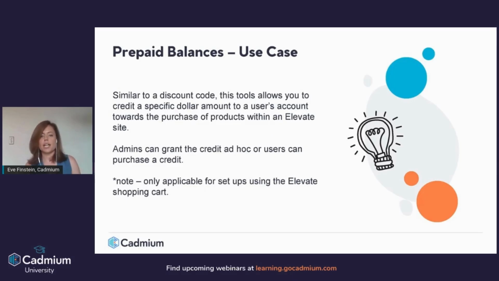You're pre-crediting it with a specific dollar value. And the part that I didn't know was that in addition to an admin granting credit, users can purchase credit, which I think has some really interesting creative uses for promotions and to get some money into your site, even if the user isn't attending an event that day.